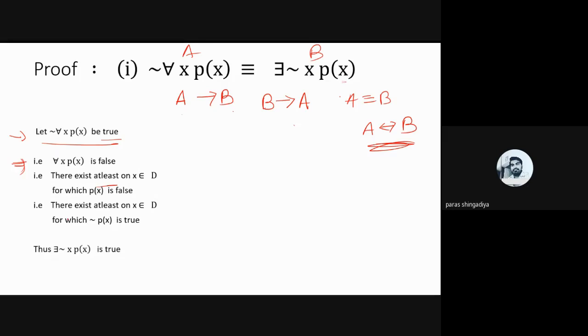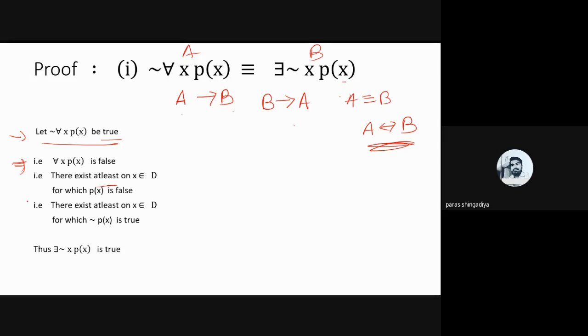And what does it mean? There exists at least one x belonging to D where Px is false, so what is its negation? Negation Px will be true. If Px is false for x belonging to D, its negation will be true.